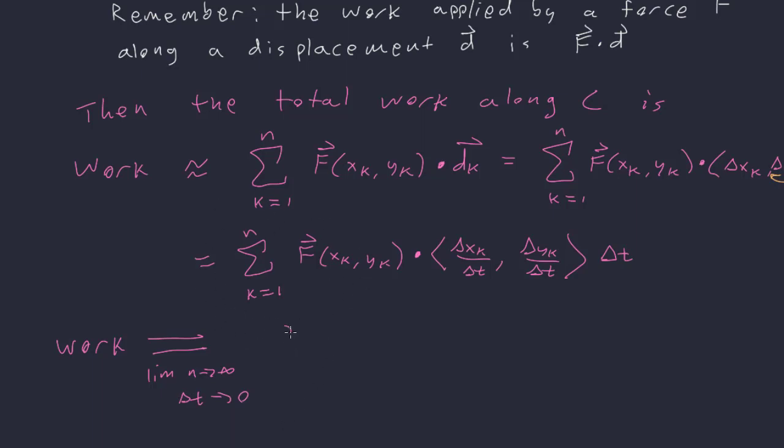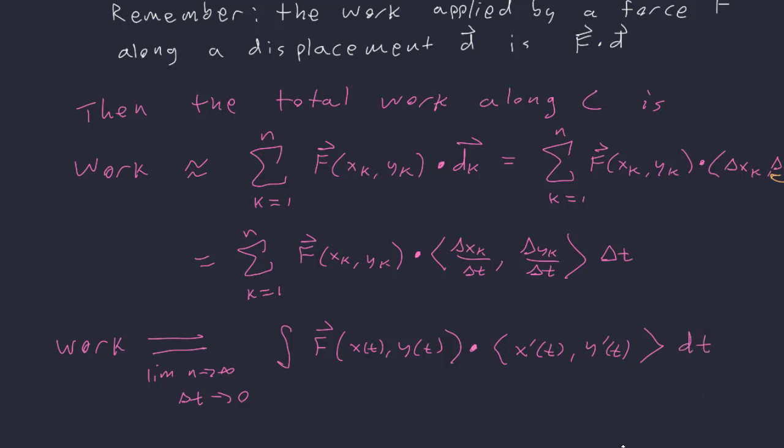So we're going to get an integral of f of x of t, comma y of t, dot, well, this will become x prime of t, comma y prime of t. If we take delta x over delta t, as delta t goes to 0, that becomes the derivative, and then dt.